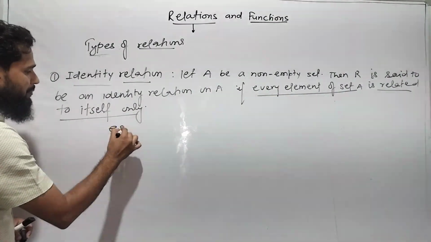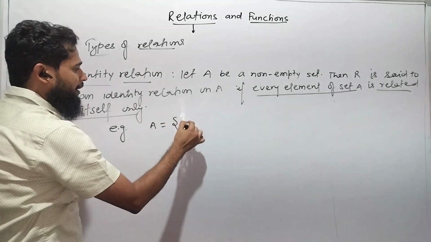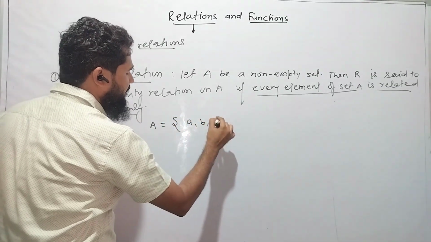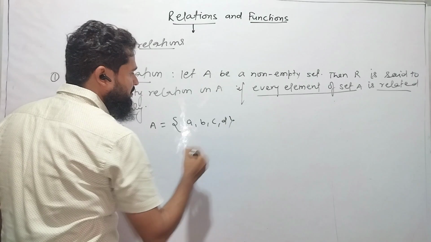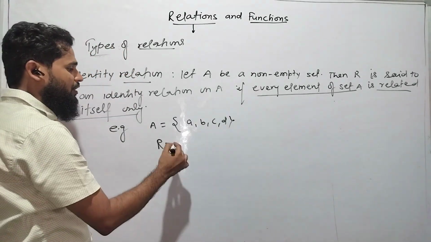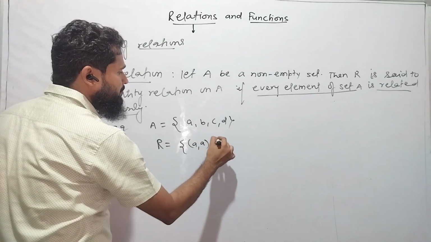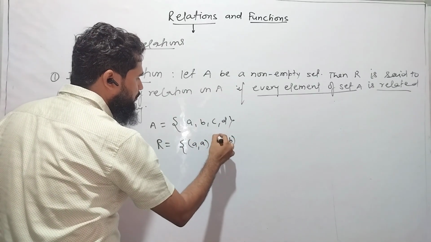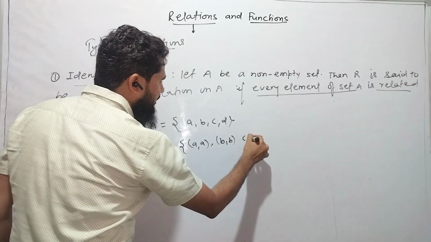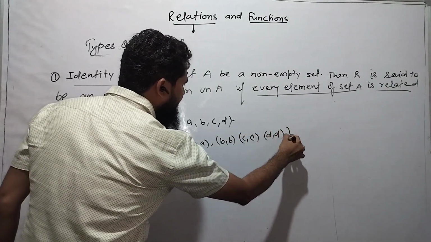For example, beta, let us suppose that A contains a, b, c, d elements. Then R is said to be identity relation on A if a is related to a, b is related to b, c is related to c, and d is related to d.